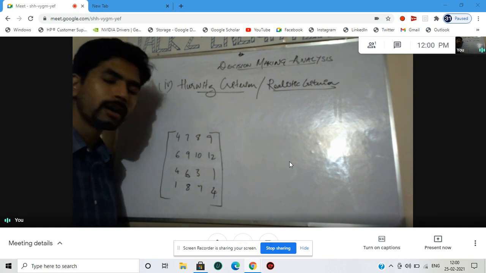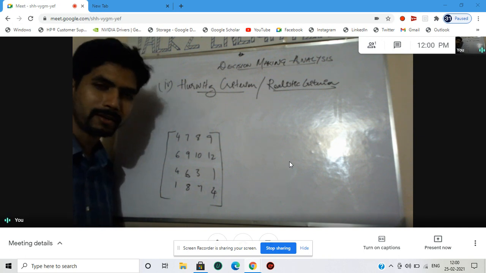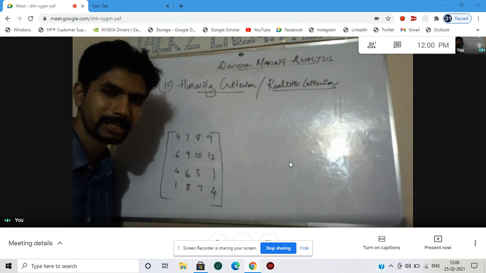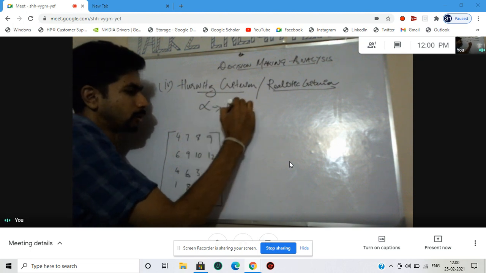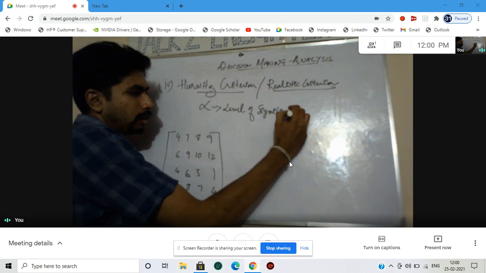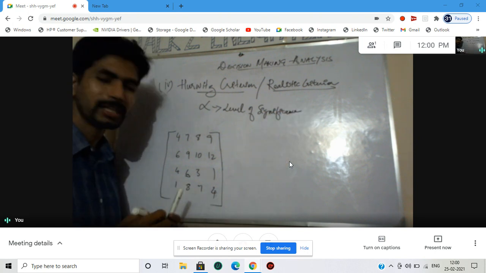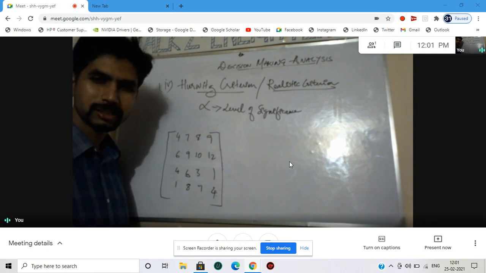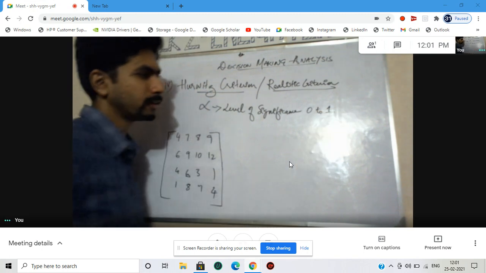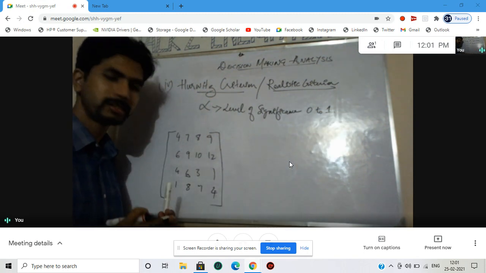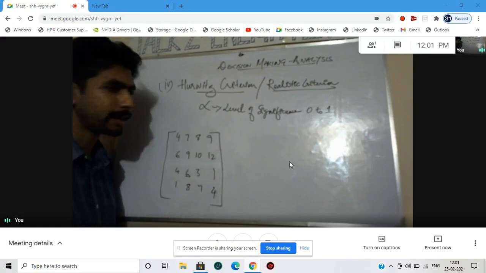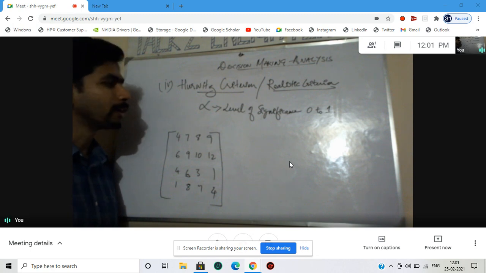This particular criterion is based on a formula which considers the alpha value. Alpha is basically the level of significance, or the significance value, and this ranges between 0 to 1. So it can be any value. Now, there is a formula for Hurwitz criterion.